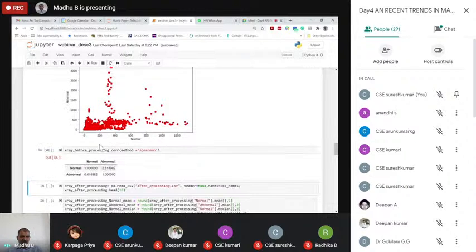Now, I want to find out the correlation. I have used the Spearman correlation. I see that the value is 0.618982. Instead of that, I'll try using the Pearson's correlation. Let me run that. I am seeing that the values are 0.5.